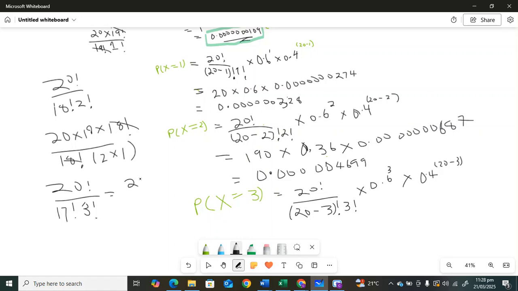So we say 20 times 19 times 18 times, then you end here, 17 factorial. Over, so this 17 factorial, we cancel them. 3 factorial is just 3 times 2 times 1.